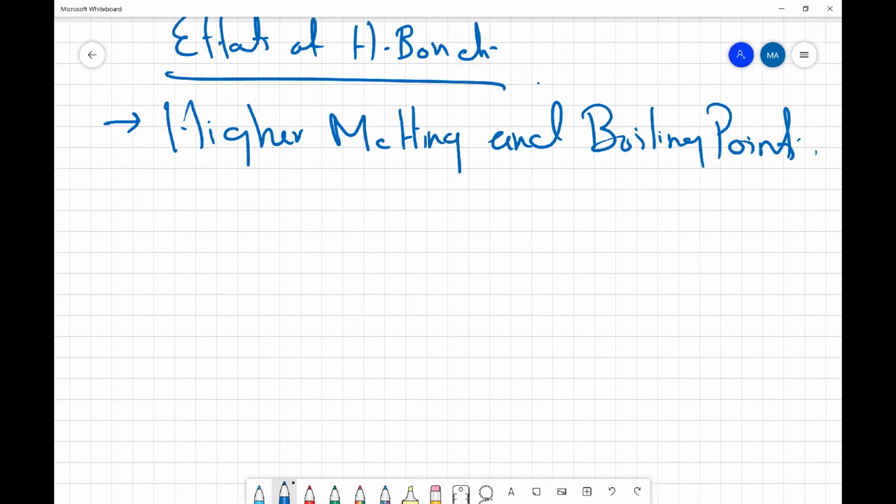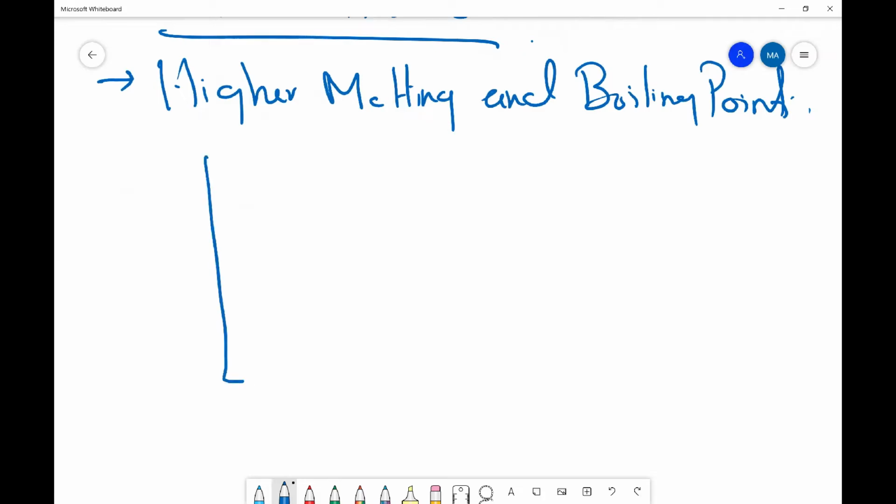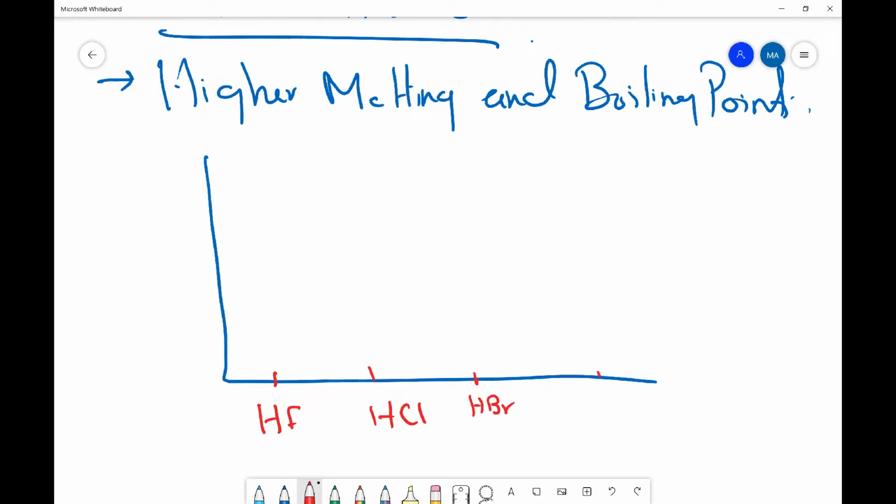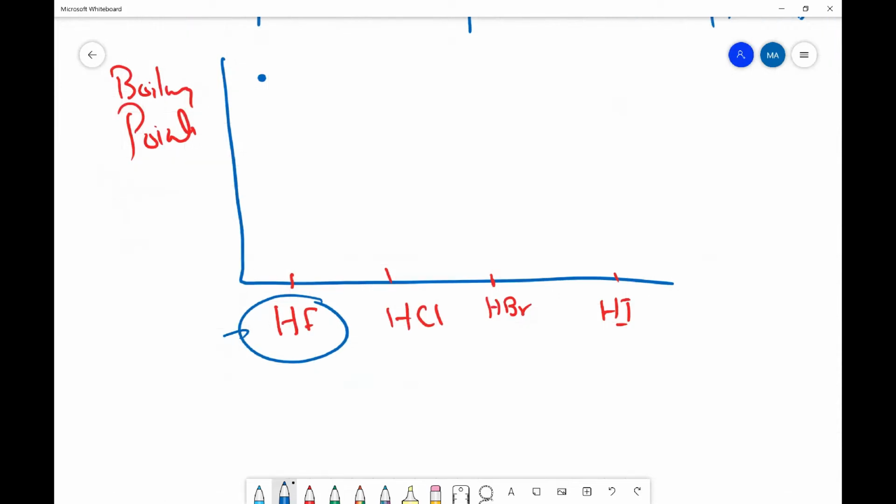An example of this could be a graph having all the hydrogen halides, for example, HF, HCl. We're adding all the halogens of group 7 with hydrogen: HBr, HI. And on the y-axis, let's say you're given boiling points. If you compare the boiling points, सबसे पहले तो HF will have the highest boiling point. Why? Because it is hydrogen bonded. The intermolecular force in HF is hydrogen bonds. Then the boiling point of HCl will be the lowest.